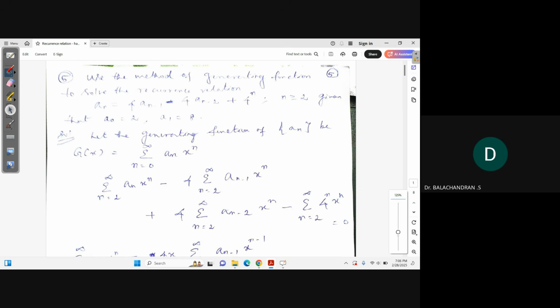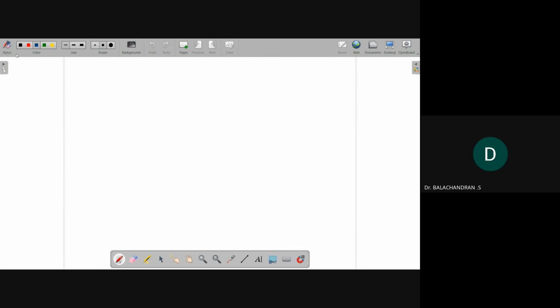Okay. So use the method of generating function to solve the recurrence relation an equals 4 into an minus 1 plus minus 4 into an minus 2 plus 4 power n.